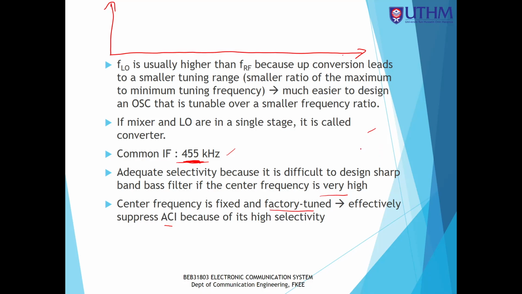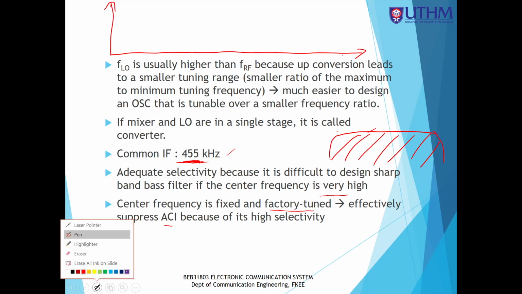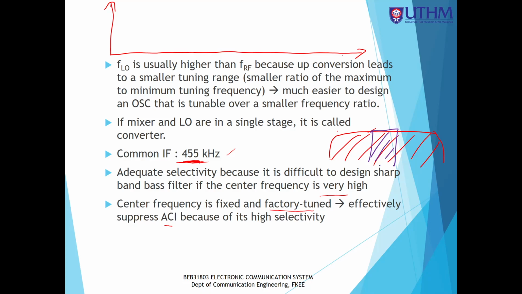Remember that I told you the antenna receives a very big bandwidth, and the pre-selector will select only a portion of the bandwidth. All of this is the RF, the radio frequency band that we receive from the antenna.